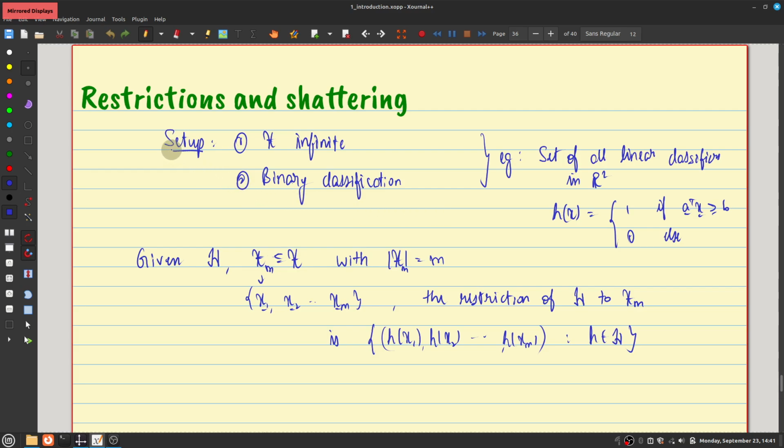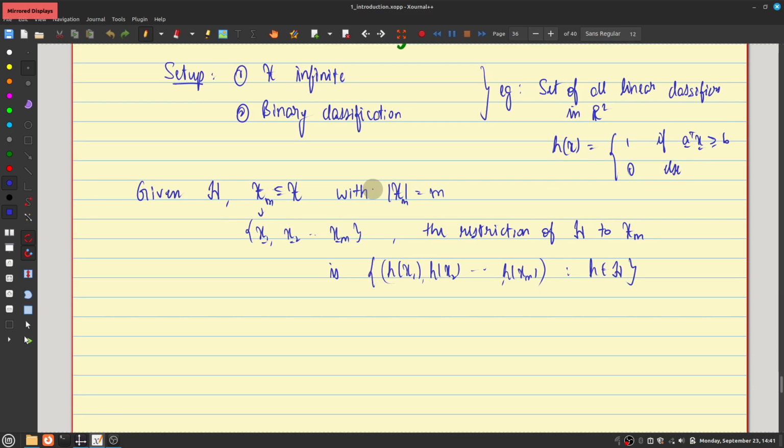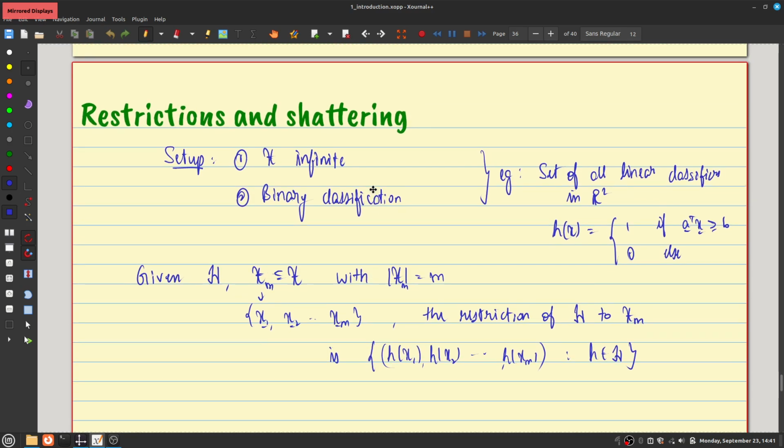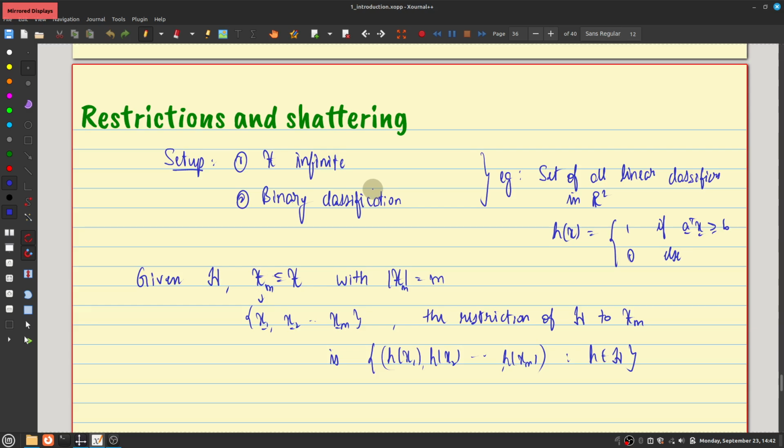So again, recall that the setup is the following. We have an infinite domain set X, and our problem is a binary classification problem with the 0, 1 loss. Okay. So in such a setting, given any hypothesis class, I define the restriction of the hypothesis class to some subset. Let's call this subset X subscript m. And X subscript m is any subset of the domain set with exactly m elements.